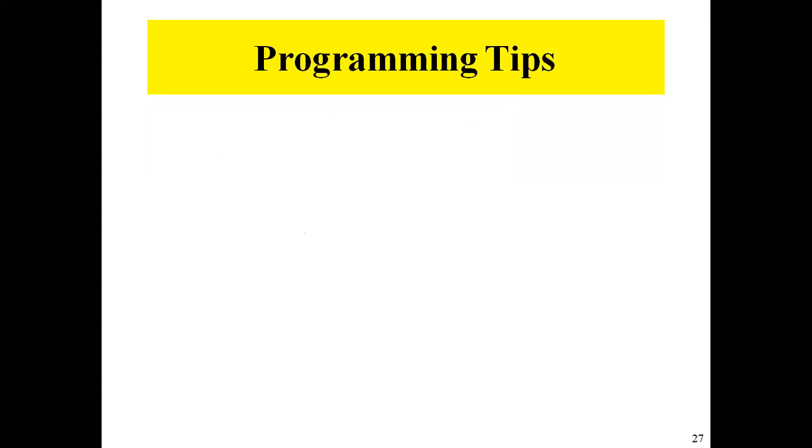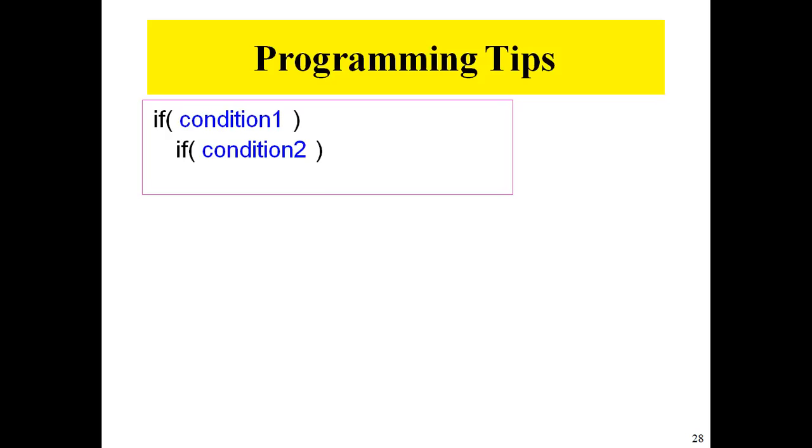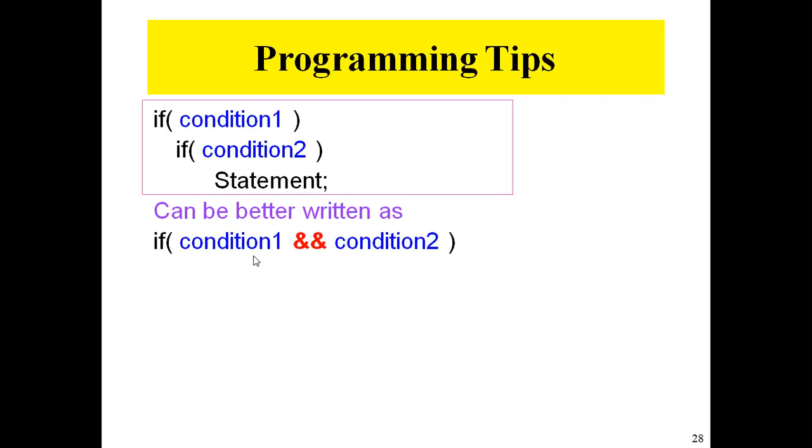Similarly, if condition 1, if condition 2, statement. Now if you observe, to execute this statement there are two conditions, but you're writing if inside if. So instead of that, we can join these two conditions using AND. If condition 1 is true and condition 2 is true, then execute the statement.